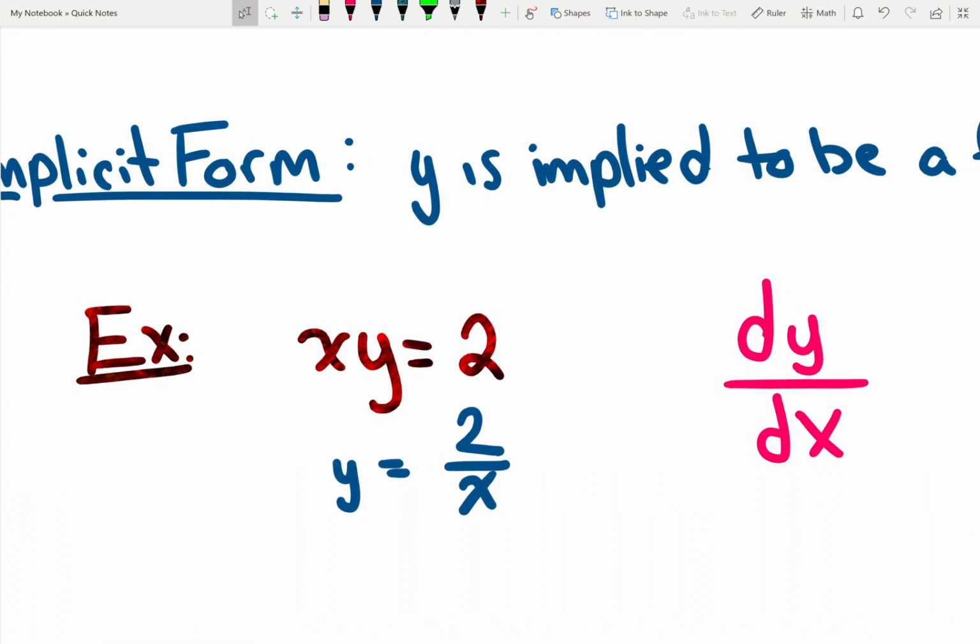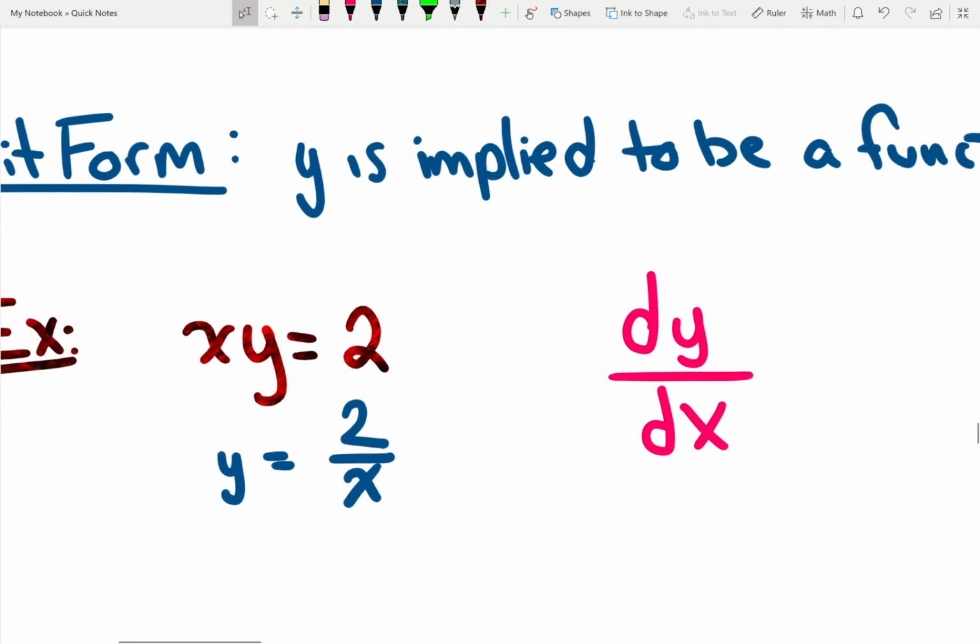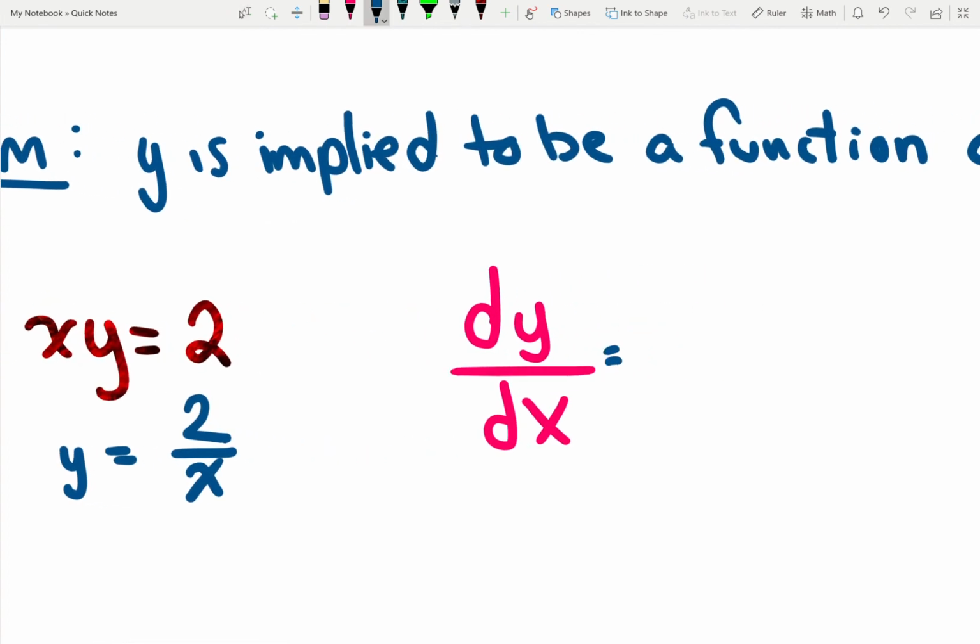So again, we have to figure out what the derivative of this guy is. So again, we're going to use the power rule. Well, how should we do this? We'll say equals d/dx of 2 times x to the minus 1.